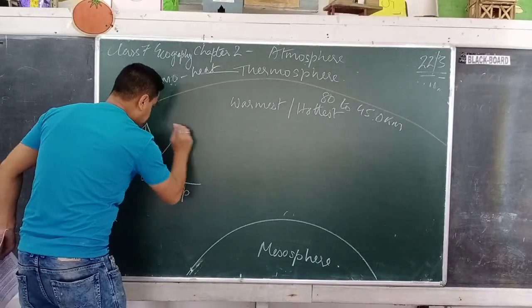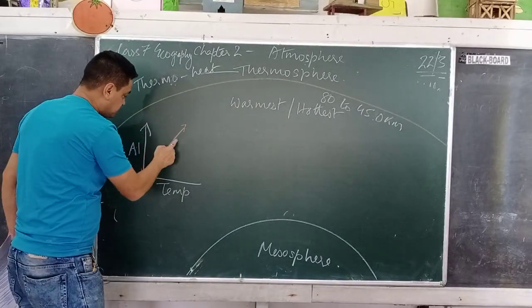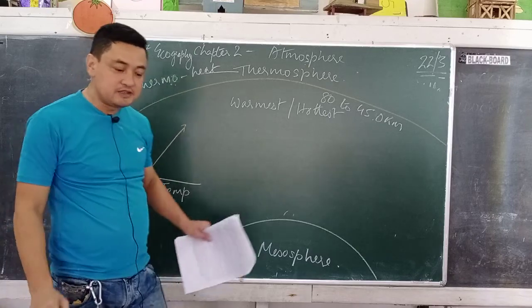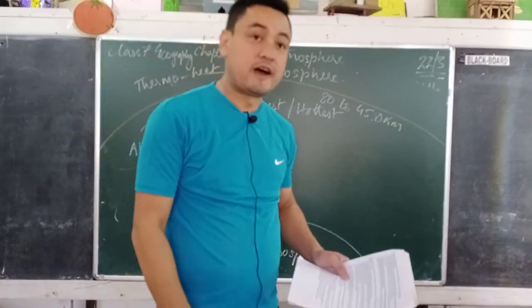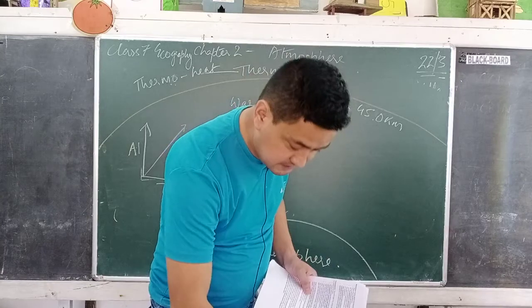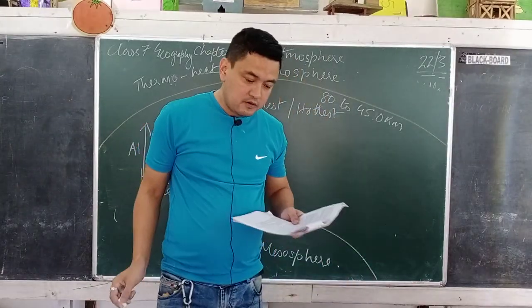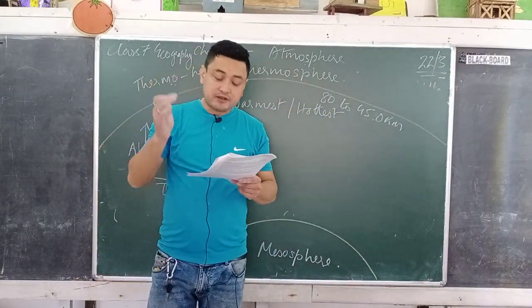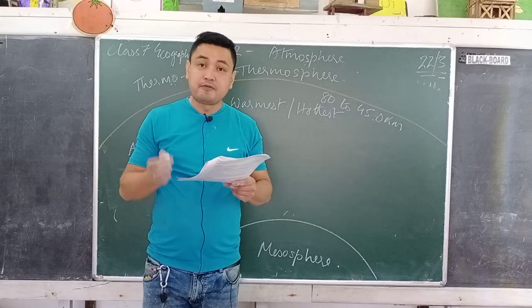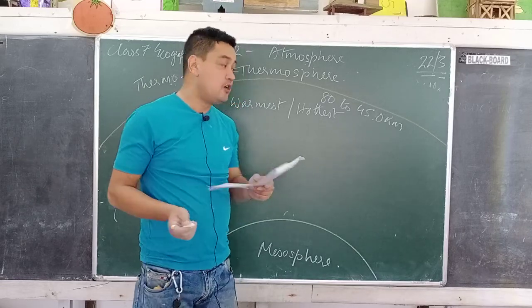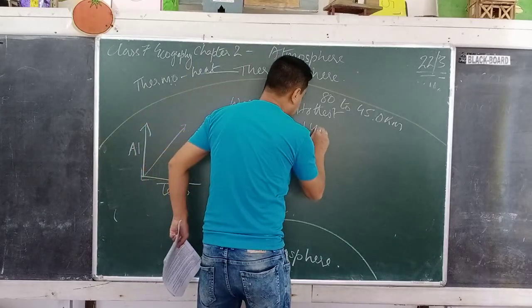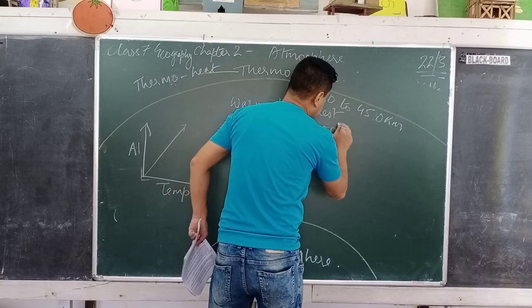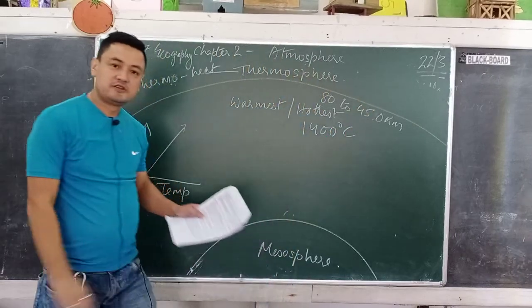The graph which points this side is the rise in temperature with the rise in altitude or height. The temperature may reach as high as 1400 degrees Celsius.